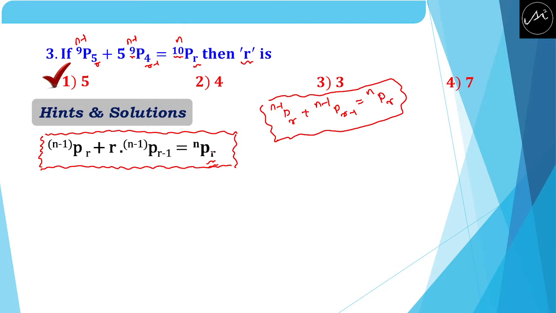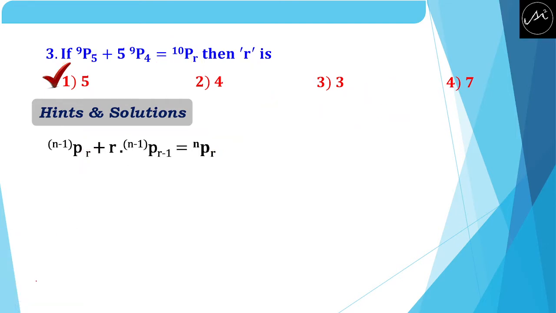Therefore here the r value you can just see, that is 5. Clear? So option 1 is the correct answer. The problem looks very simple, but this is very, very important, that is the required result.